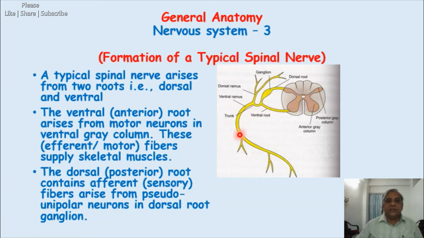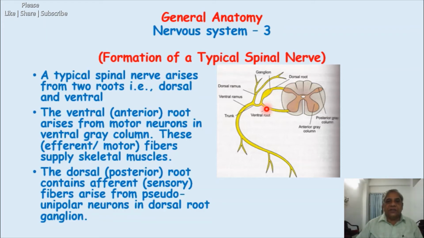See, this is the dorsal root ganglion, which is the collection of the sensory neurons, and its peripheral process will bring the sensation from the skin and from the somatic areas of the body, and ultimately its central process will end in the neurons located in the dorsal horn of the gray matter, right?